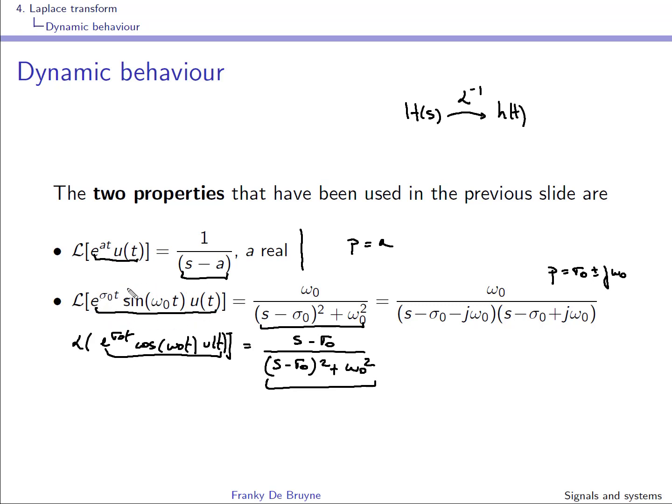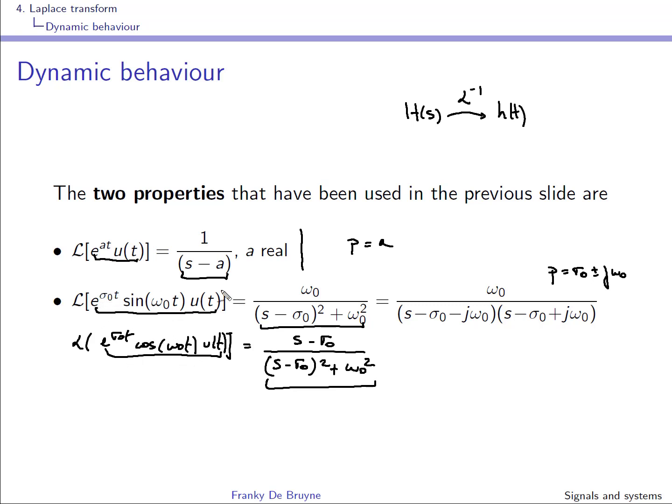So we can now start looking at pole locations and look at the corresponding impulse. Okay, so if A is positive over here, we have a pole on the right side of the imaginary axis, so you will have a growing exponential. If A is negative, well, you'll have a decaying exponential, right? This kind of signal is an exponential that is modulated by a sine or a cosine.